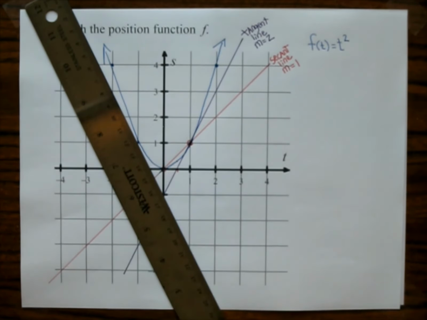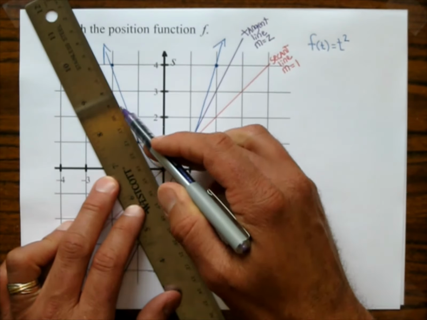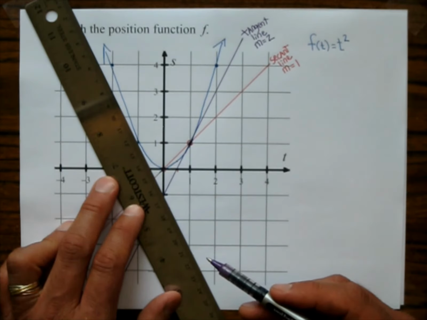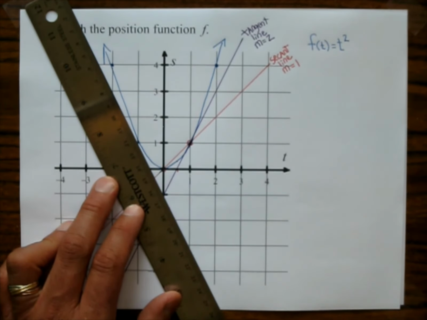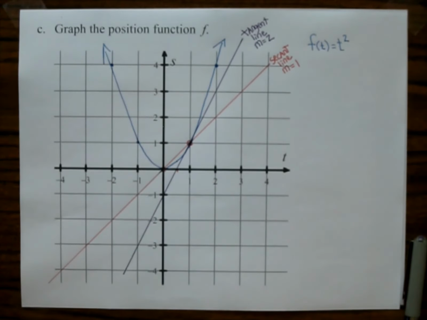I'm trying to put a tangent line right up to this point, and it looks like it has a slope of -2. So the instantaneous velocity is -2 feet per second 1 second ago, or at -1 seconds. So this tangent line idea, this is the whole key to the beginnings of calculus.